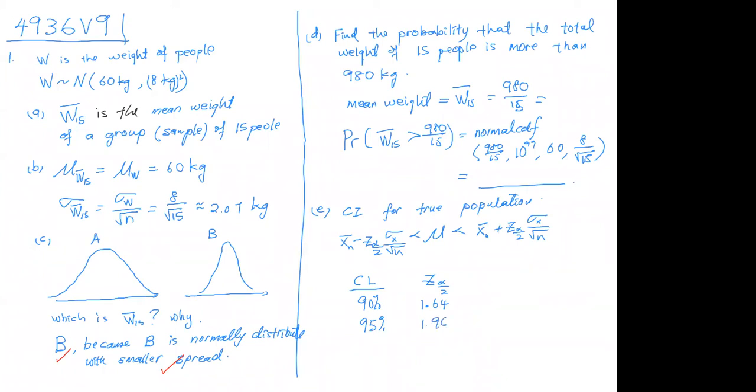Okay. 99, these are the few common ones. What is 99? 2.58. Yeah, so 2.58. If I want 92, do you know how to get the answer? Write down one example. You use inverse norm.